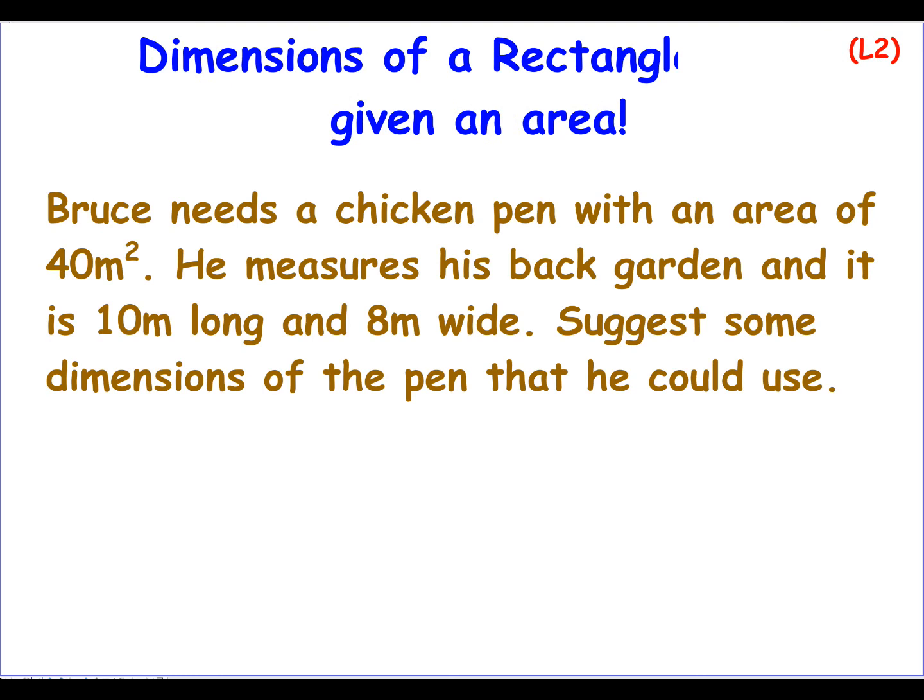Here's an example of a question using that particular skill. So Bruce needs a chicken pen with an area of 40 meters squared. He measures his back garden and it's 10 meters long and 8 meters wide.